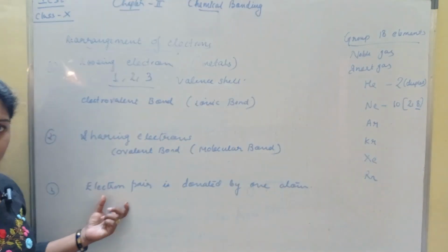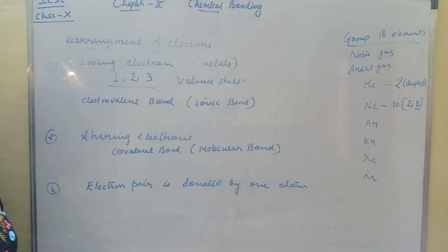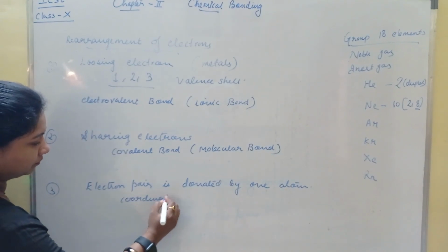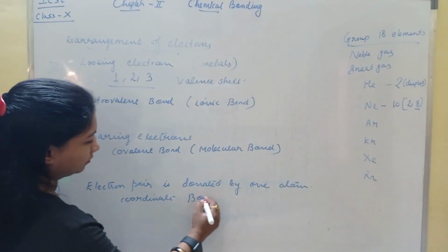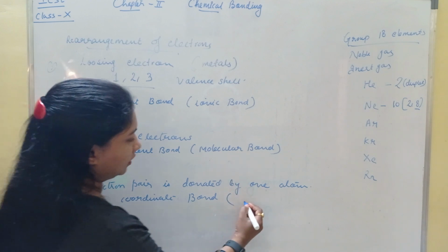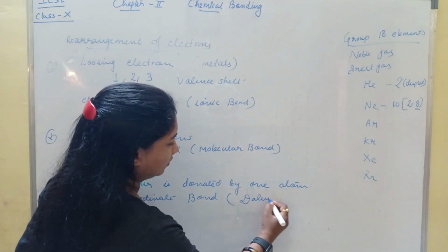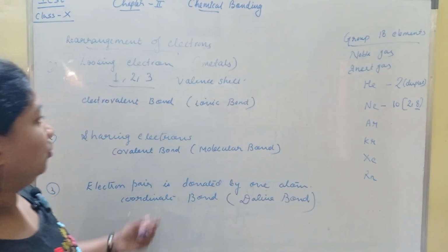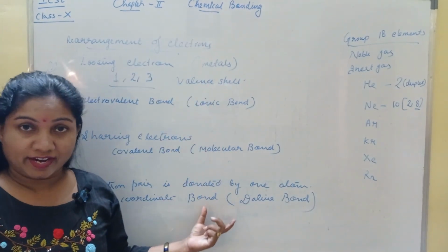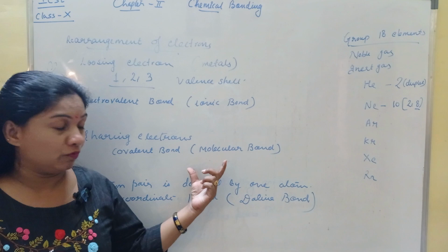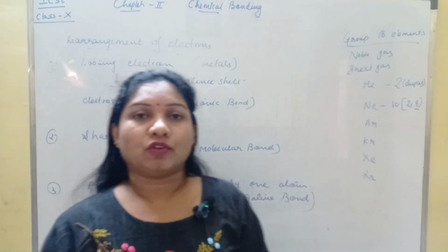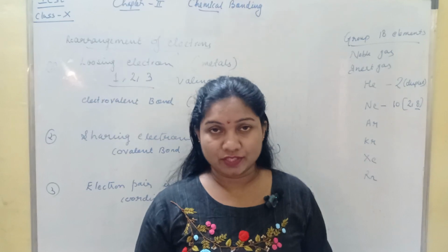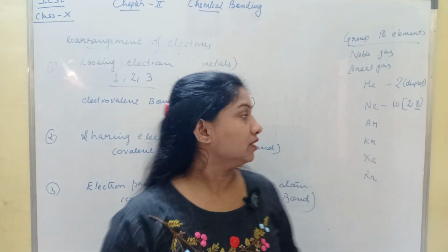Okay, so in this type of rearrangement, the bond that is formed is called coordinate bond, or we can call it dative bond. So these are the three ways by which the rearrangement of electrons takes place between the atoms of the combining elements during the formation of a compound.